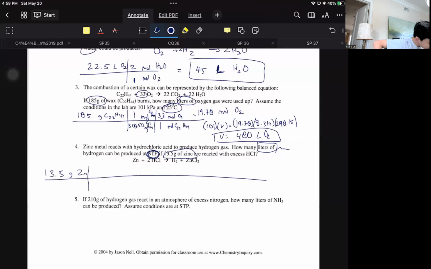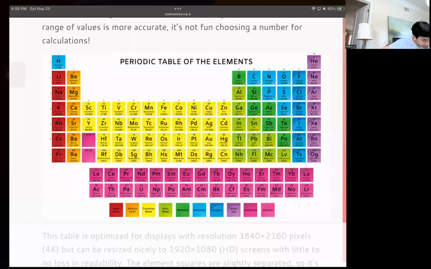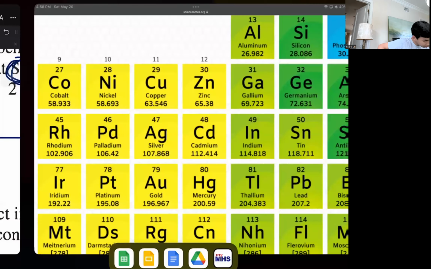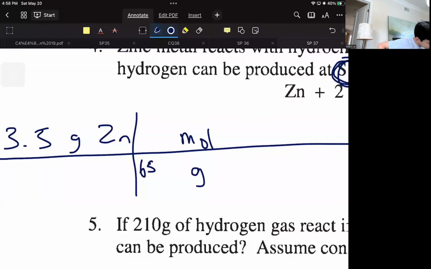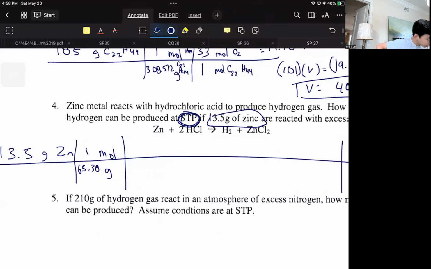Grams to moles: zinc has a molar mass of 65.38.